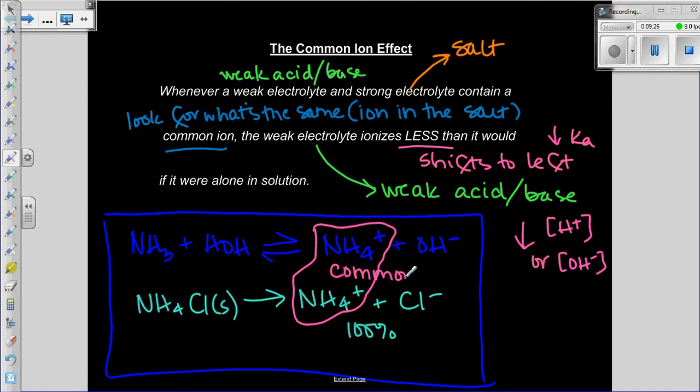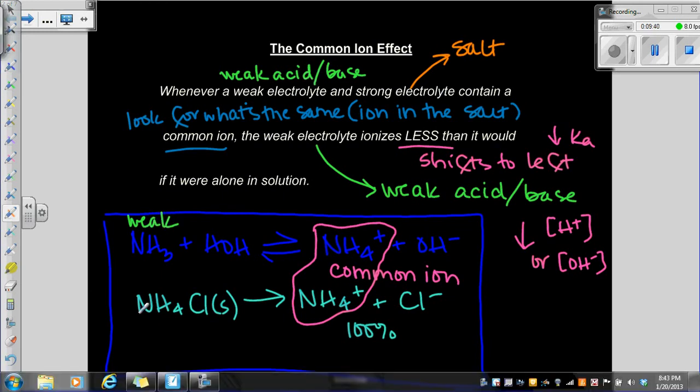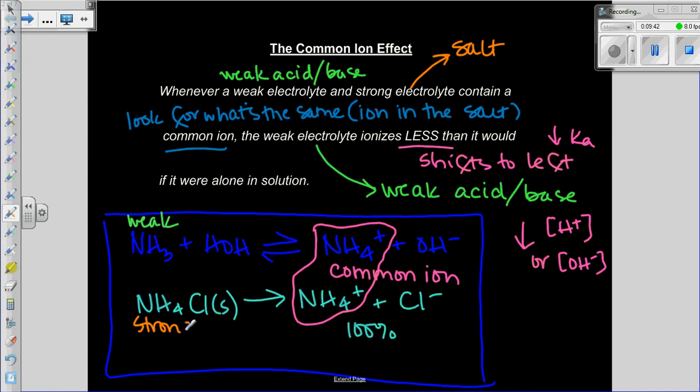So that is our common ion. If I go back and look at this, whenever a weak electrolyte, here's my weak electrolyte, and a strong electrolyte, here's my strong electrolyte, which is my salt, contain a common ion, my common ion is the ammonium.